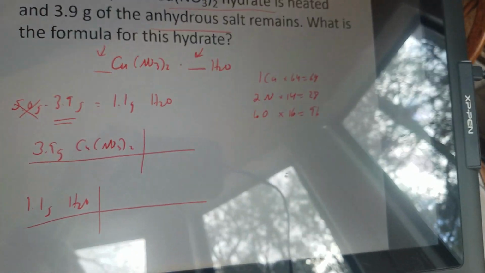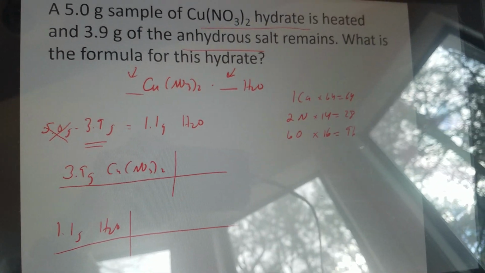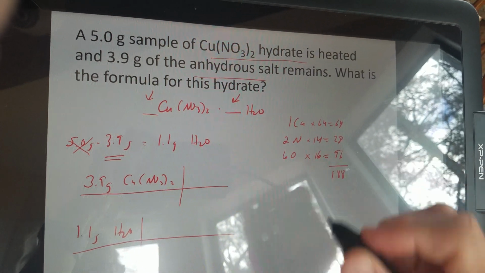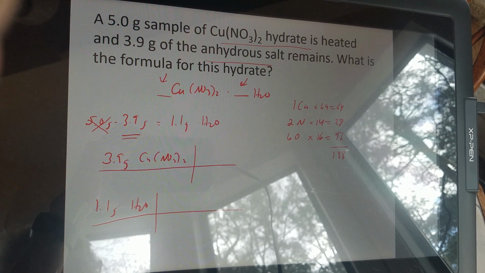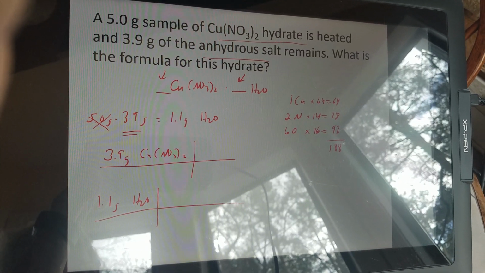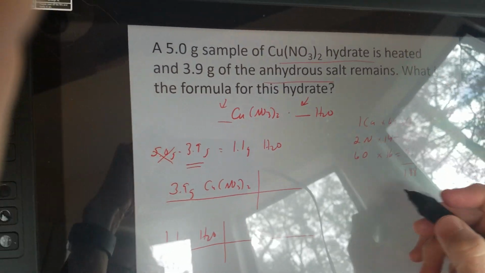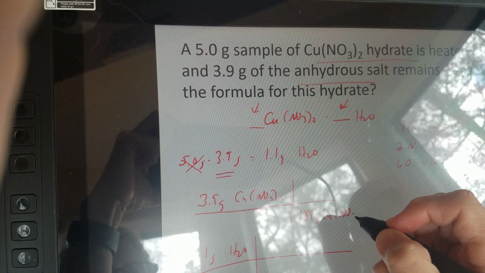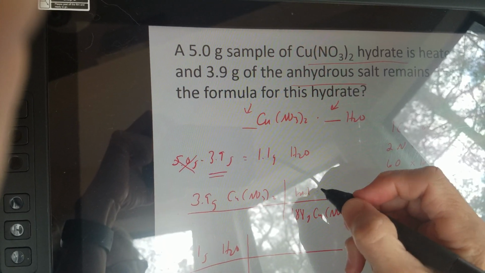I'm going to add all that together and get 188. So that will be the mass here. I'm going to put my 188 grams down here to my 1 mole up here.